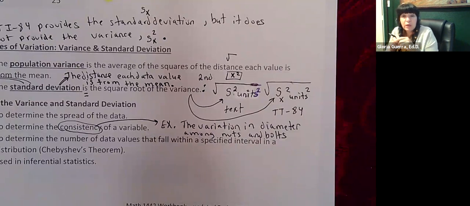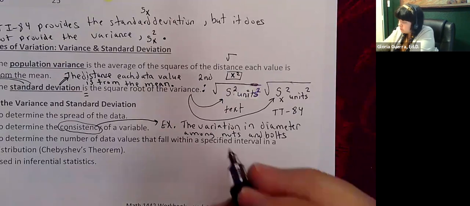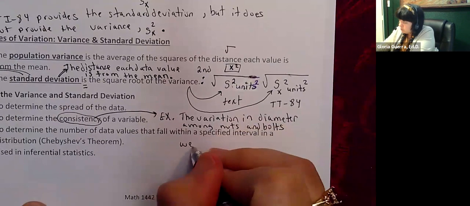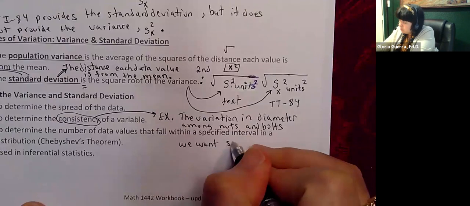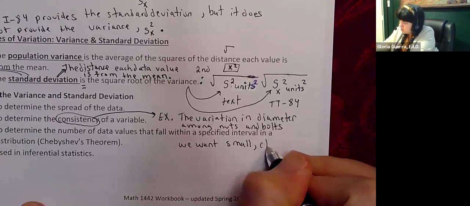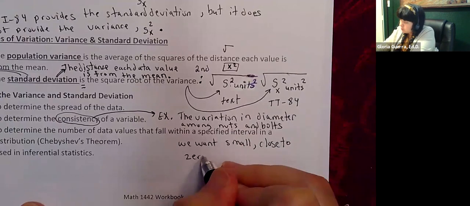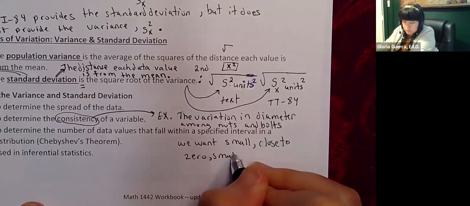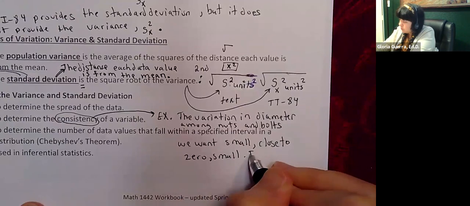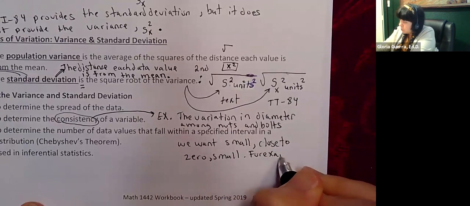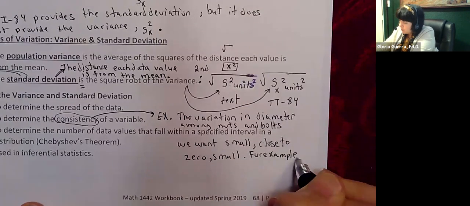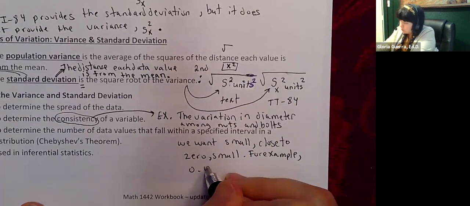Nuts and bolts. As far as consistency, we want small, which is close to zero. Like, for example, 0.003 units.